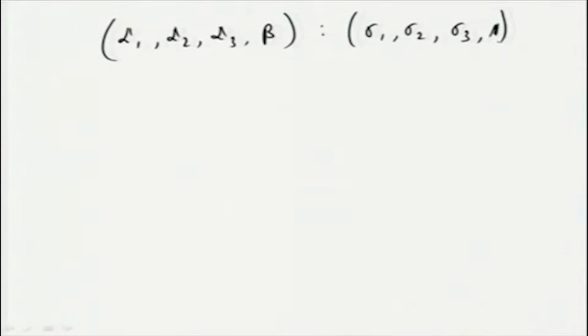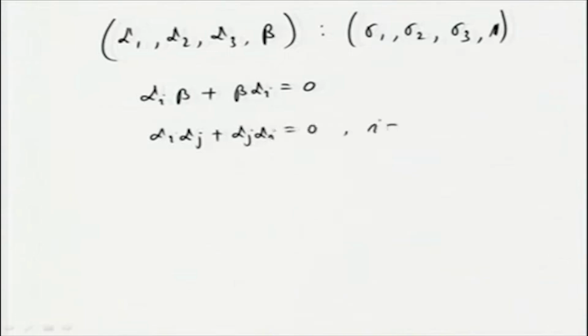And now, if you look at the anti-commuting properties, alpha i alpha j plus alpha j alpha i equal to 0 for i not equal to j.